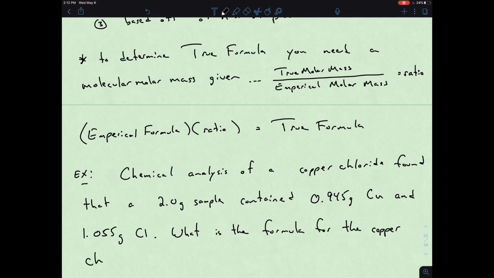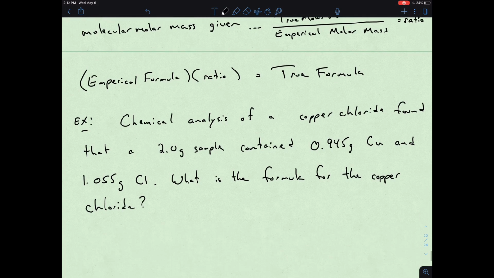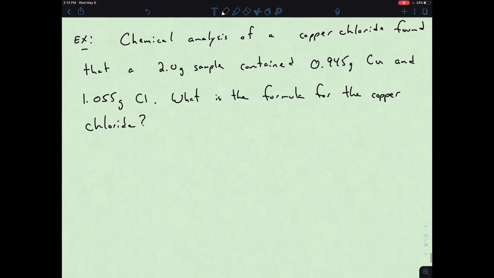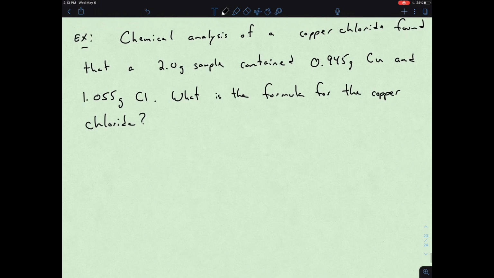Okay, so here's our question. We have a chemical analysis of a copper chloride that found that a 2-gram sample contained 0.945 grams of copper and 1.055 grams of chlorine. What is the formula for the copper chloride?